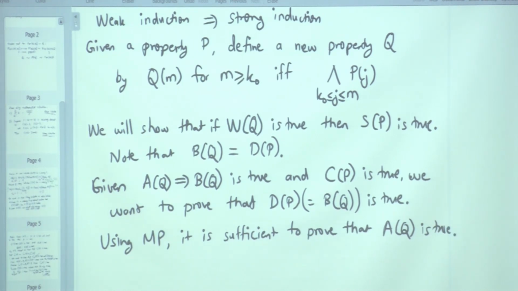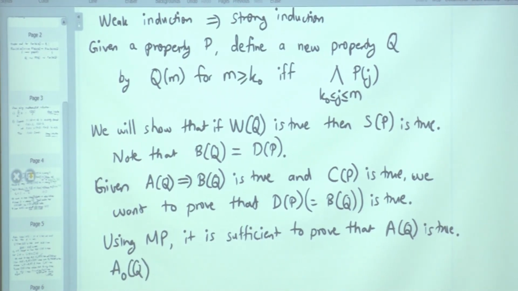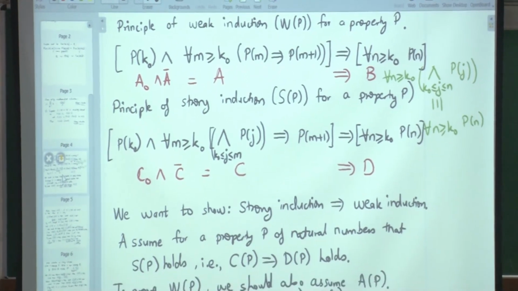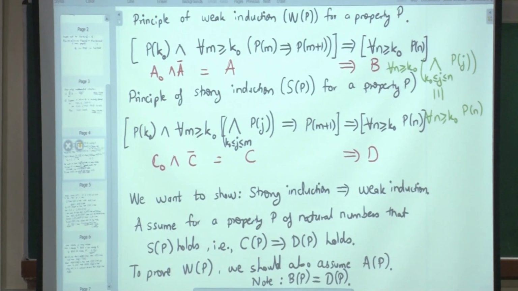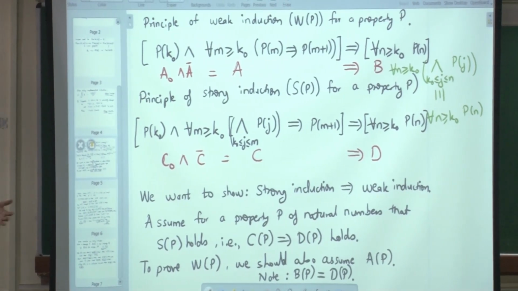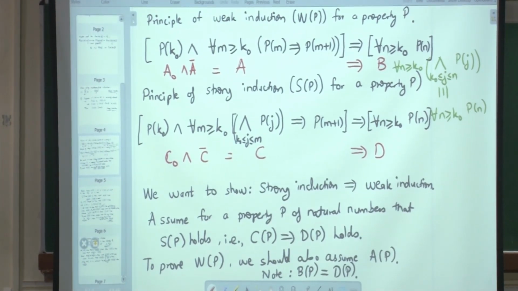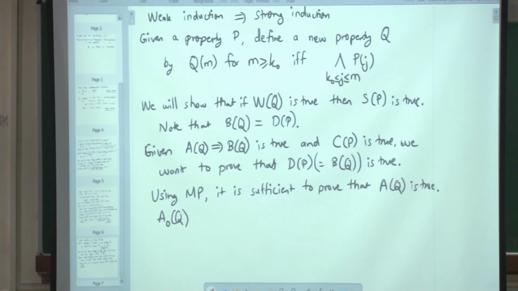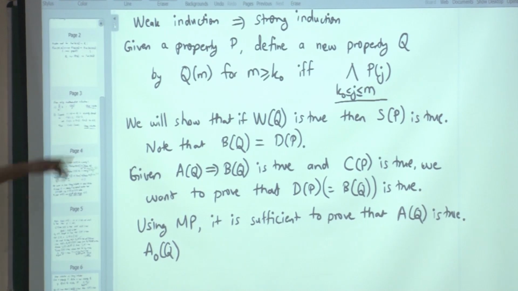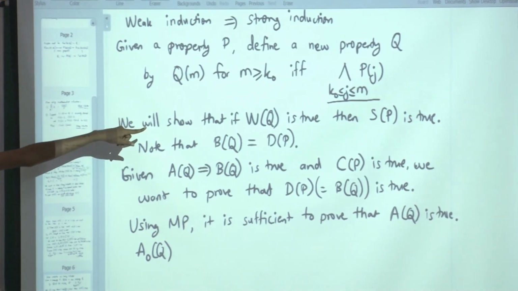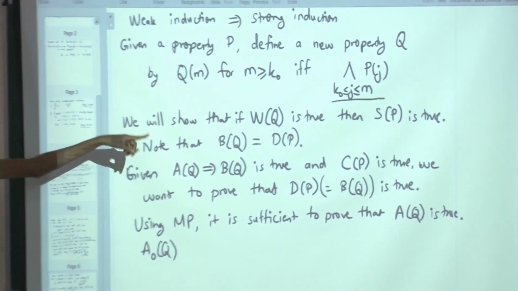Okay, what is AQ? Once again, A0 of Q. Well, observe that please. What is A0 of Q? C0 of Q or C0 of P, both of them are same, right? Look here, what is the property? So that conjunction when m equal to K0 is just a singleton.